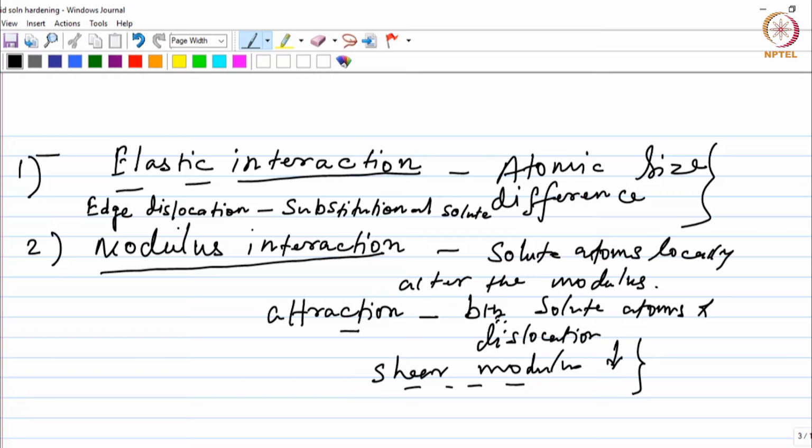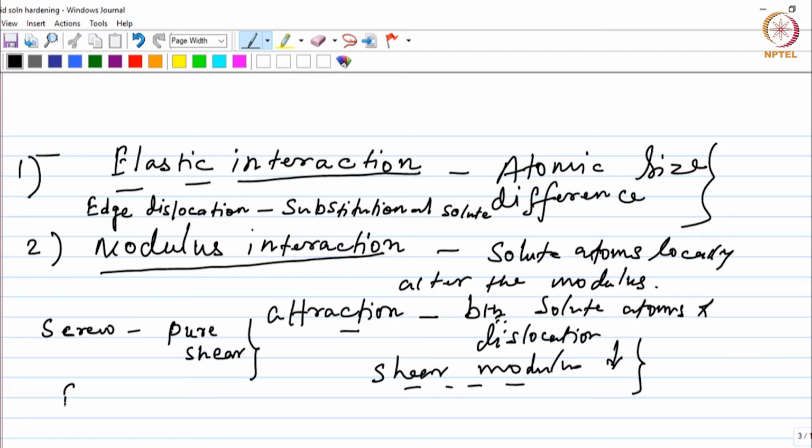Because in case of screw dislocations, the strain field is almost pure shear, and the strain field associated with the substitutional solute being spherical will not be able to interact with such strain fields associated with the screw dislocations.